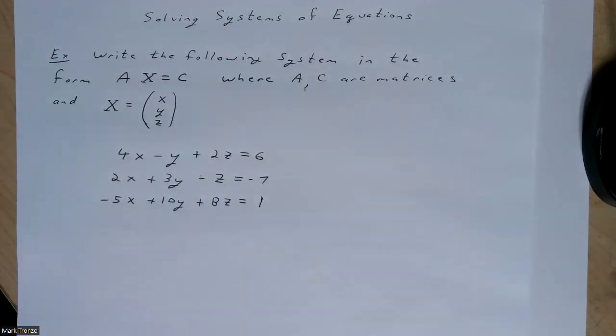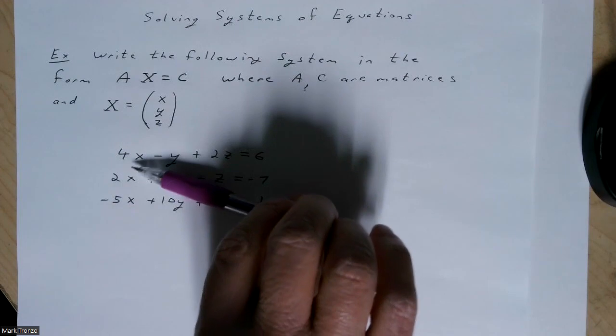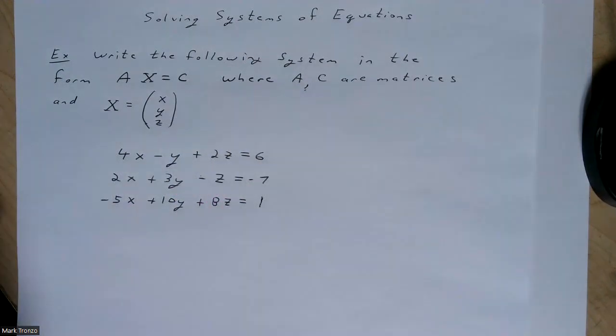So we want to write that in this form up here. And so what it really means is we're kind of going to take out x, y, and z.